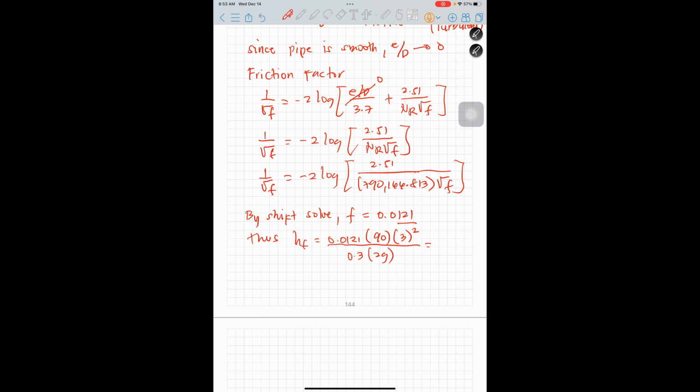So 0.0121 times 90 times 9 divided by 0.3 divided by 2 divided by 9.81. The answer is 1.665 meters.